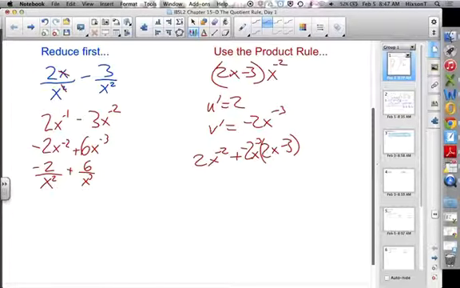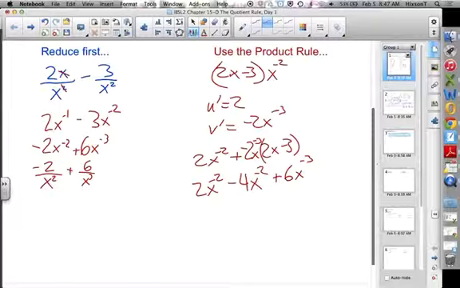When you simplify that and distribute, that's a negative 2x to the negative third power. Okay. Then when you distribute, you get 2x to the negative 2 minus 4x, negative 3 plus 1 would be negative 2 power, and then plus 6x to the negative third.